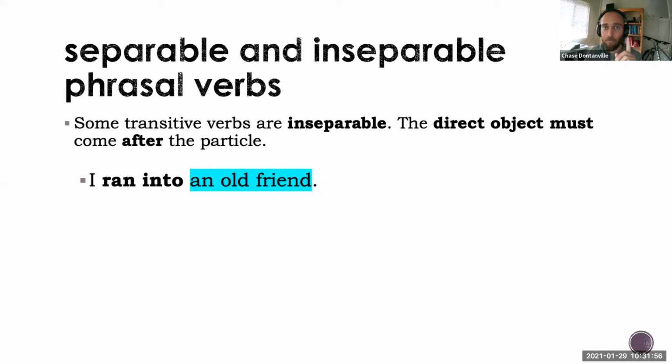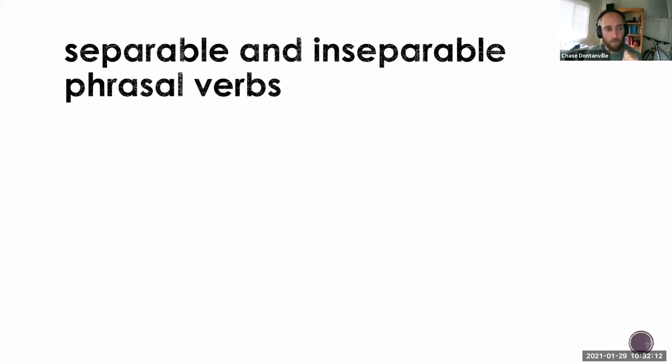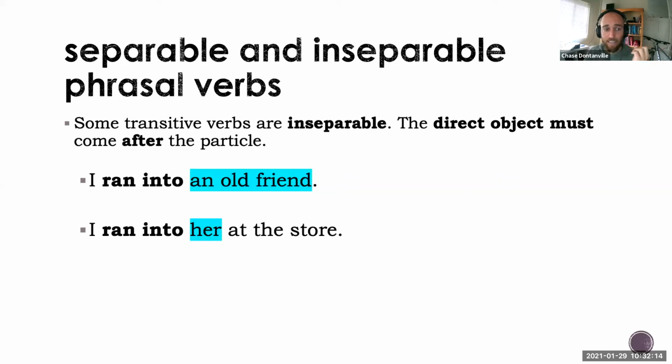But run into is an inseparable phrasal verb. We can't separate it. So I have to say, I ran into her at the store. Her, the direct object pronoun, has to come after. Okay? I cannot say, I ran her into. We cannot put it in the middle.